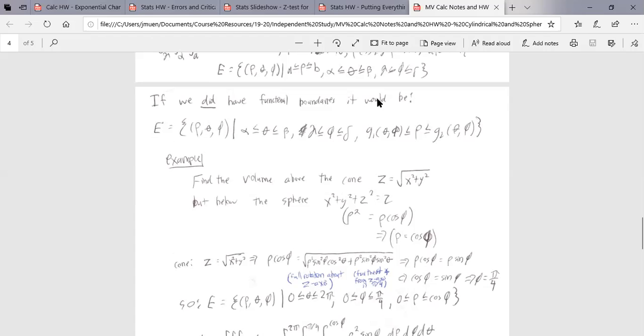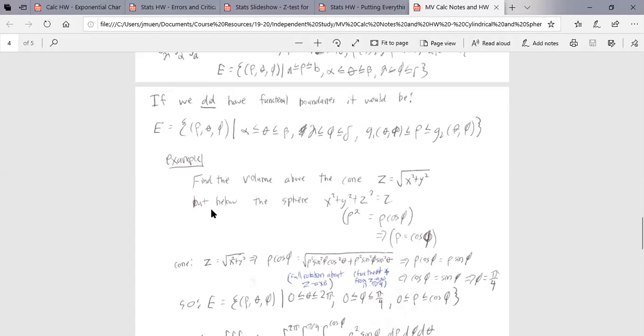Generally those are not common. Those are not shapes that are formed by anything other than just drawing some arbitrary arcs. For most of the shapes that we care about, theta and phi will be between constants. Rho might not be. Rho might be between functions.